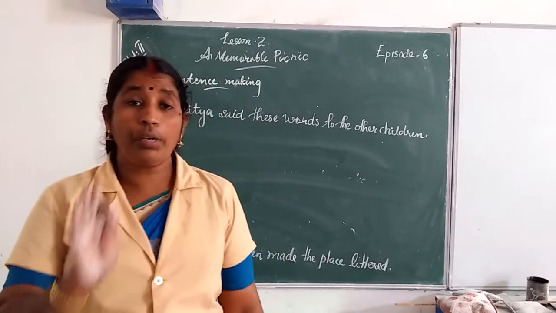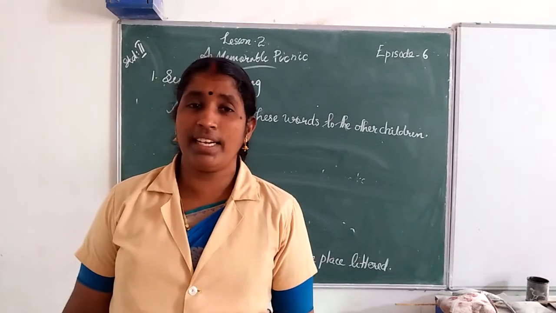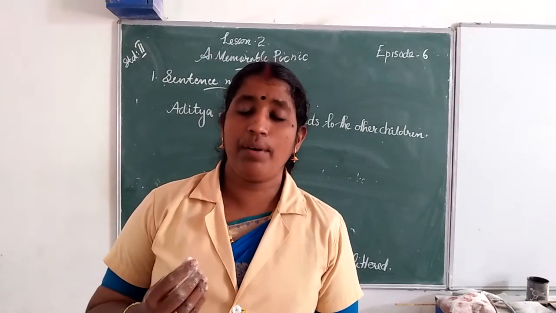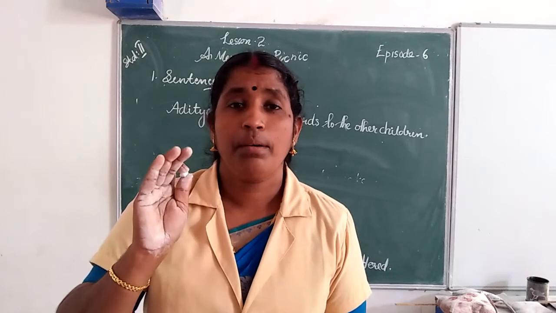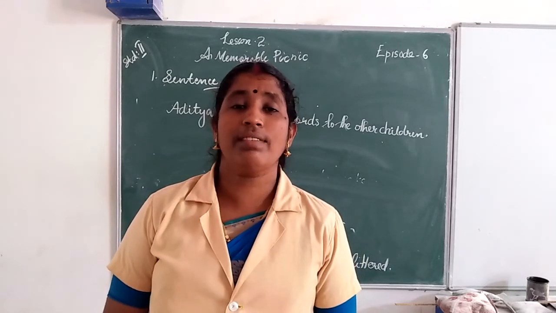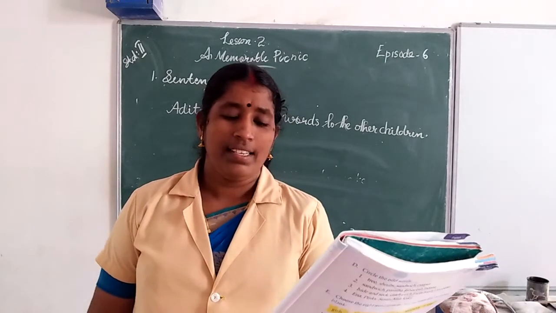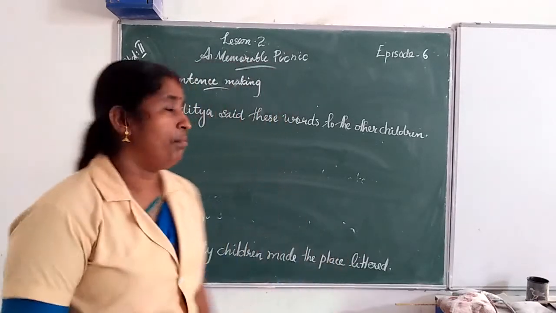Next one. God bless you, children. Who said these words? Can you give the answer? Say louder. God bless you, children. Who said these words? Yes, very good. Malikaka said to children.